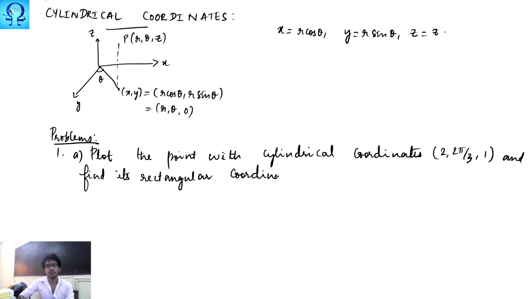It would be easy for you. First you convert this cylindrical coordinates into rectangular coordinates. It is given that r is equal to 2 and theta is 2 pi upon 3 and z is equal to 1.